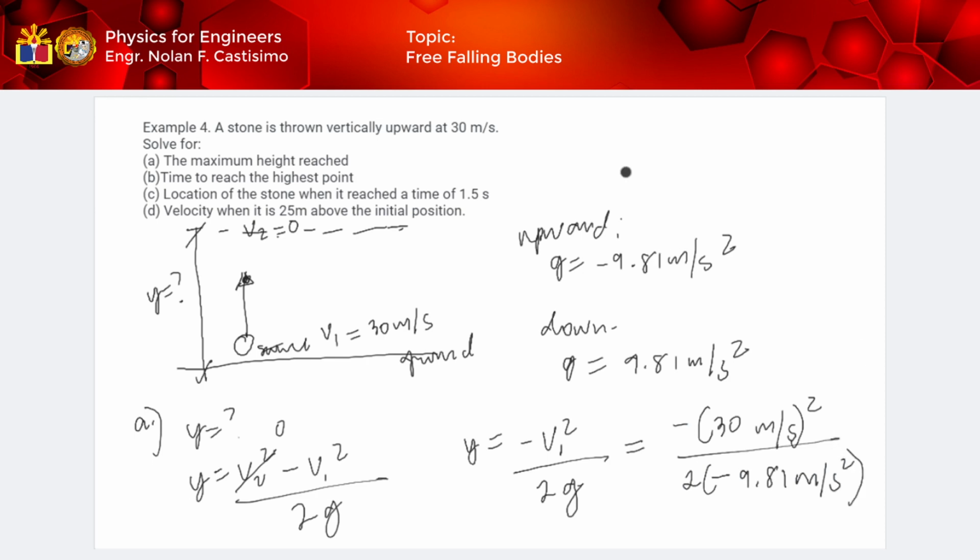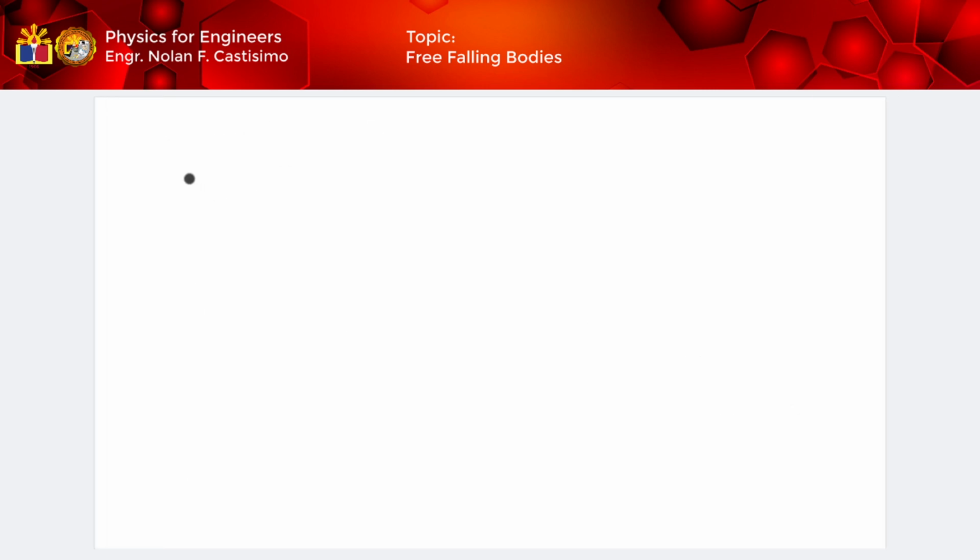So, pag sinimplify na natin yan, Y will be equivalent to negative 900 meters square second square divided by negative 19.62 meter per second square. So, cancel out second square, meter, and then ito.